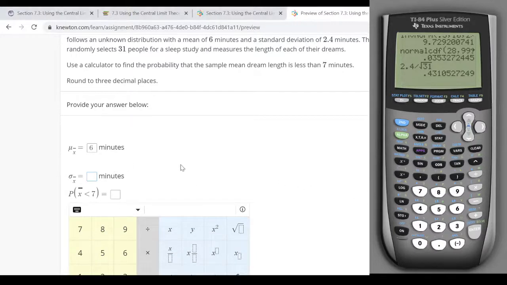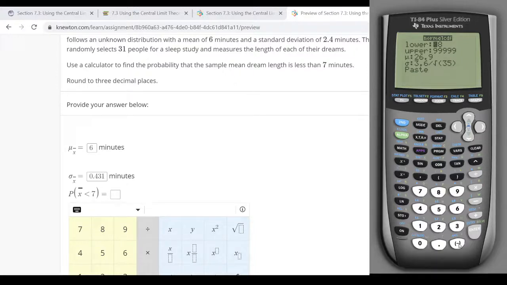Right, so 0.431. And then for this probability, I'm going to do the normal CDF. Now I'm going less than 7, so there's no lower value. That's a left tail probability.